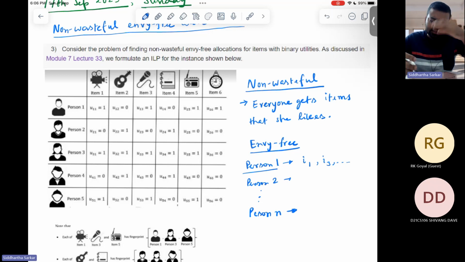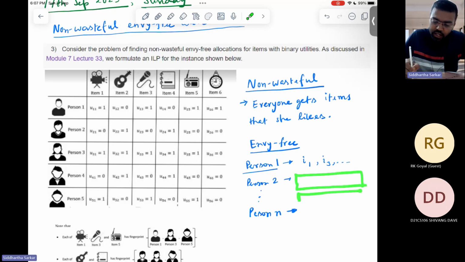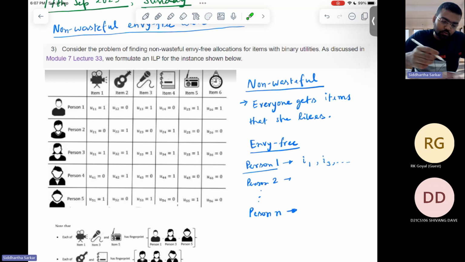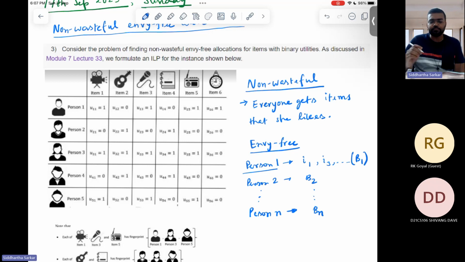Once the allocation is done, every person gets to look at the set of items obtained by other persons. The set of items that person one has been allocated is called bundle one, B1. The set of items that person two has been allocated is called bundle two, likewise till Bn.